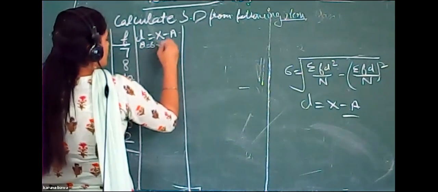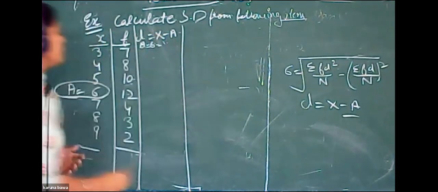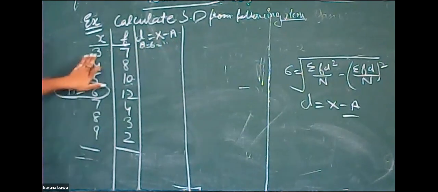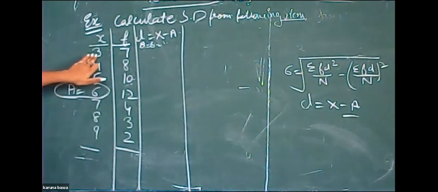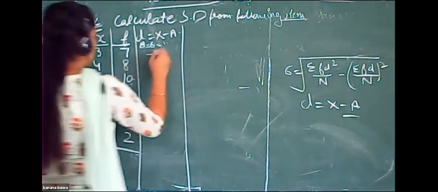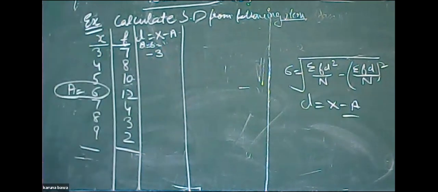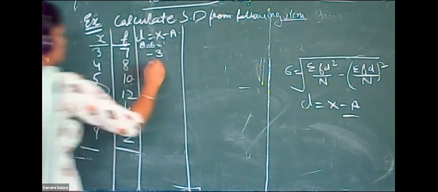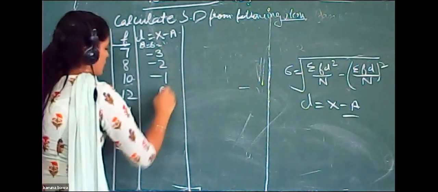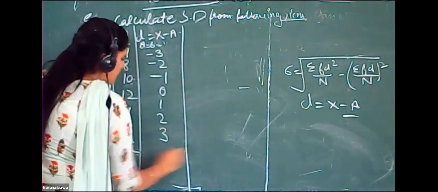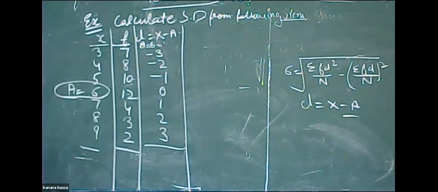So we find the deviation for the x series: 3 minus 6 is minus 3, 4 minus 6 is minus 2, then minus 1, 0, 1 and 2. So this is the deviation.